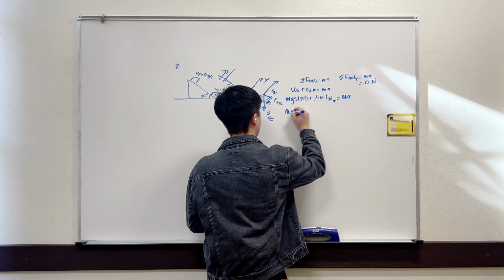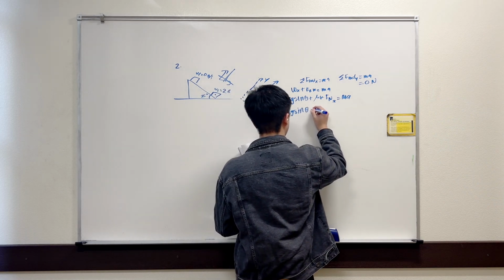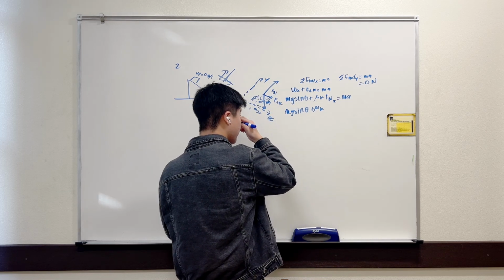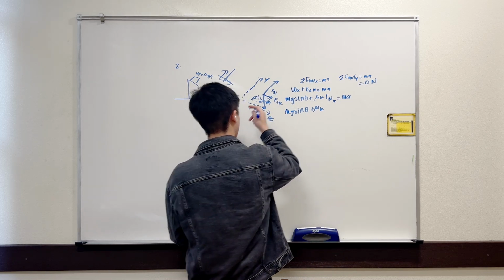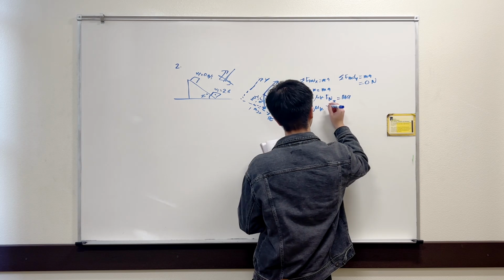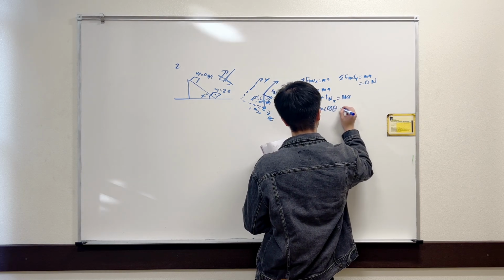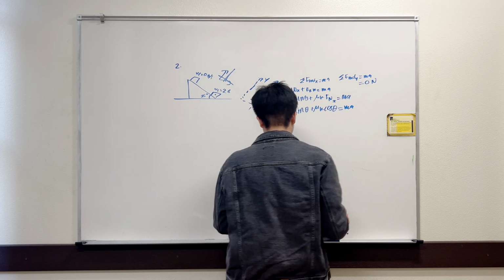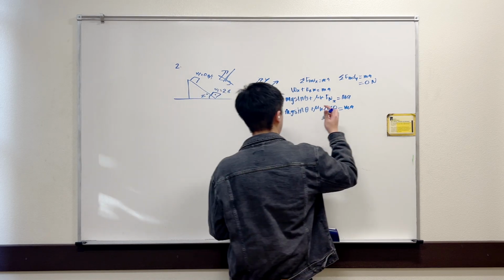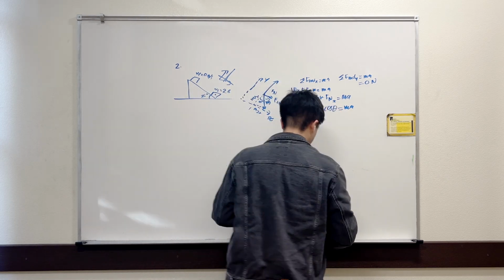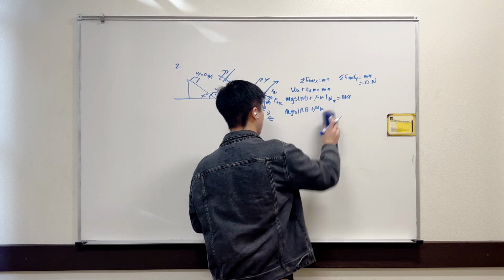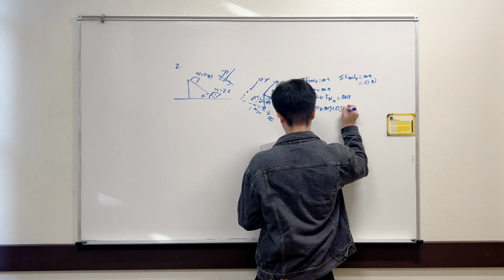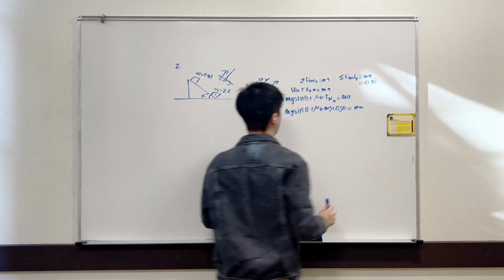So we keep going down, mg sine theta plus this, or it'll be a cosine theta, sorry. I forgot to put the mg in front. It would be mu mg cosine theta equals ma.